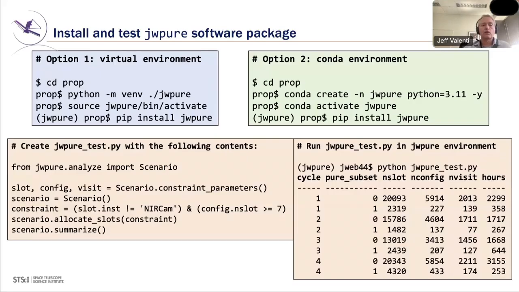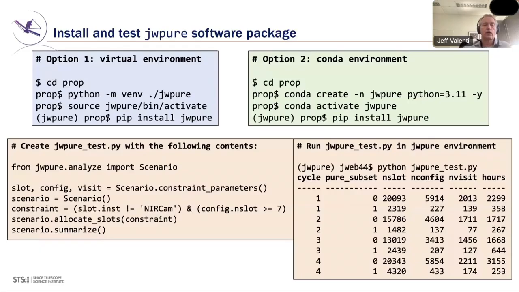The first option is to use the built-in venv virtual environment capability of Python. You will need Python 3.11 or later for this to work, because the JWPure package asserts that Python must be at least 3.11.